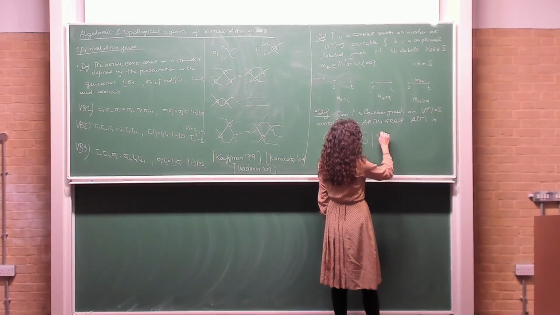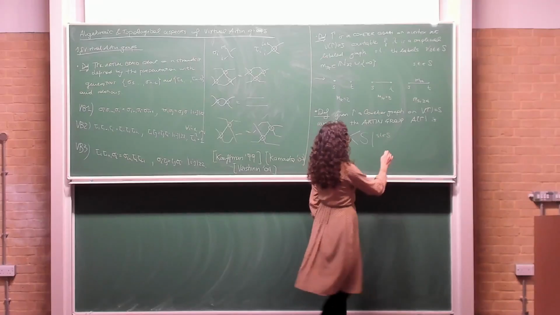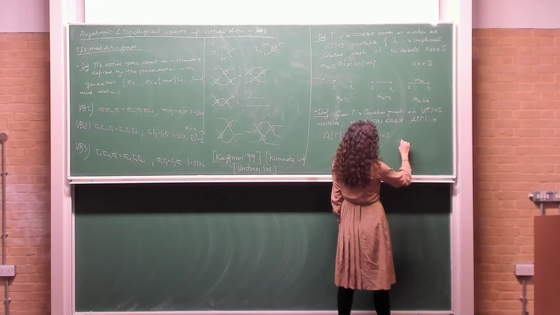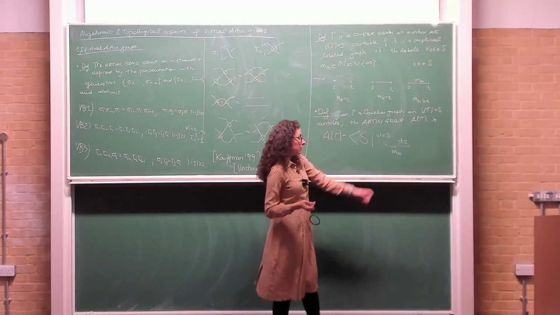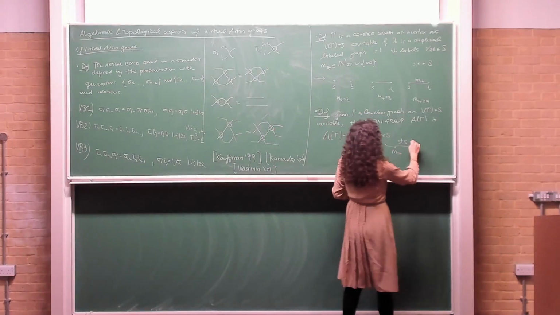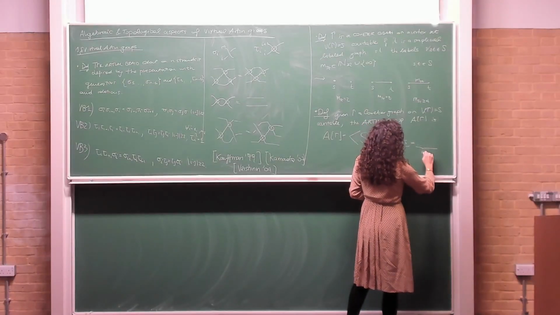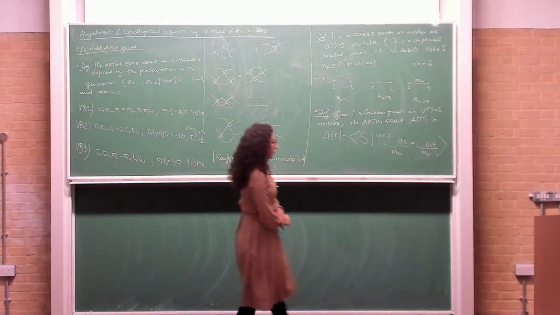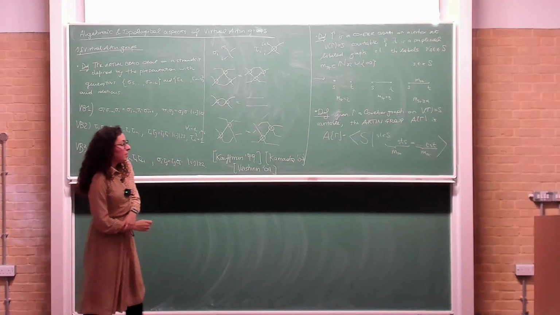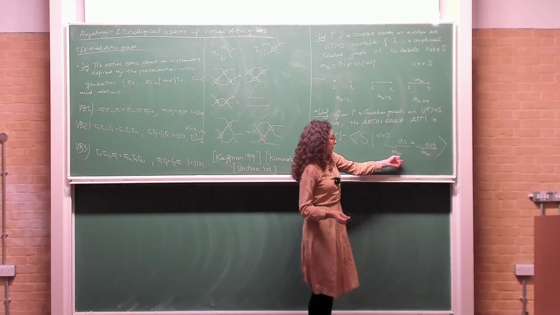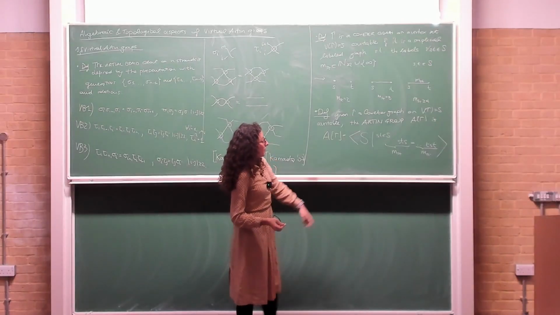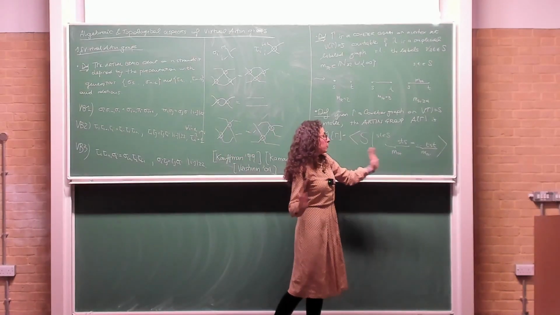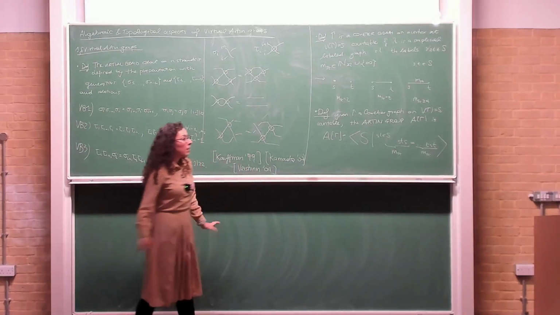For all s, t in the set of vertices, I say that the alternating word in the two letters s and t of length m_st, where m_st is the label of my graph, must be equal to the other alternating word of the same length in the same two letters, but starting with the other letter. If m_st is equal to 2, then this relation becomes a commutation relation, st equal to ts. And if m_st is equal to infinity, then we just interpret this as no relation between s and t.